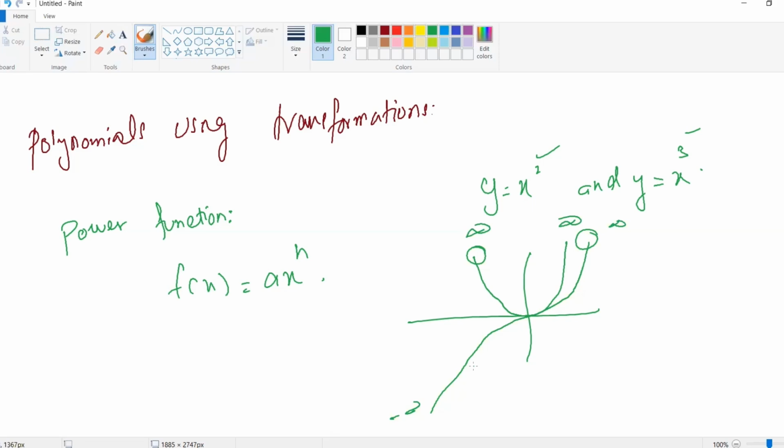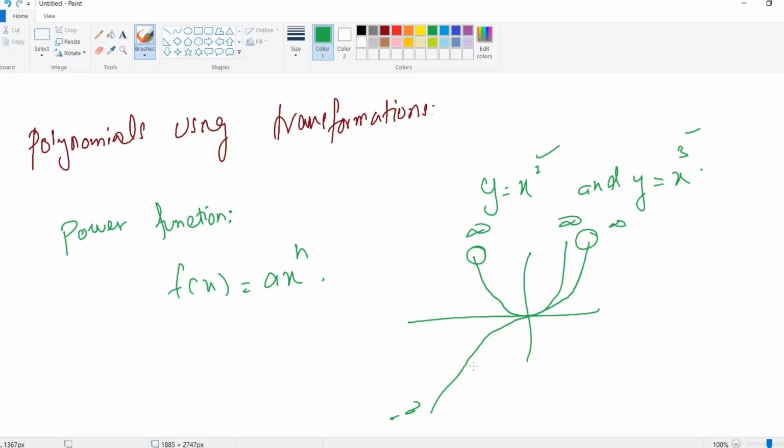The end behavior of a function describes the y values as x gets very large, x goes to infinity in symbols, or as x gets very small, x goes to negative infinity. For even powers n, the power function f(x) = ax^n is U-shaped, like a parabola, and as x goes to infinity, f(x) goes to infinity. Likewise, as x goes to negative infinity, f(x) goes to infinity.